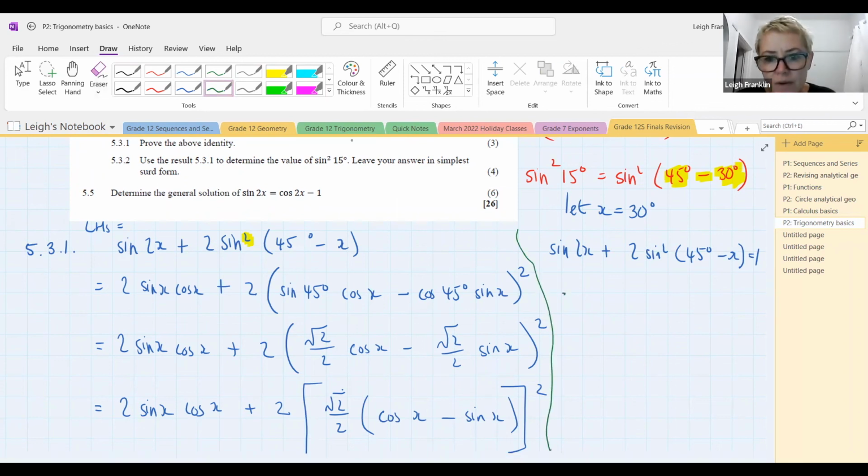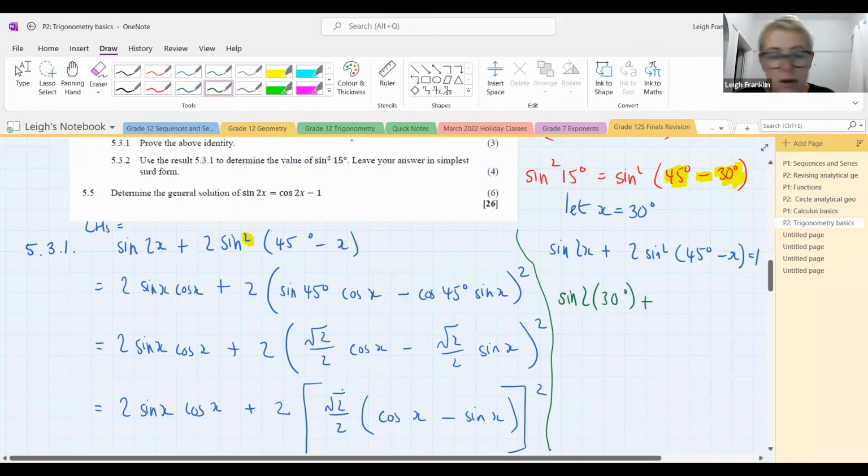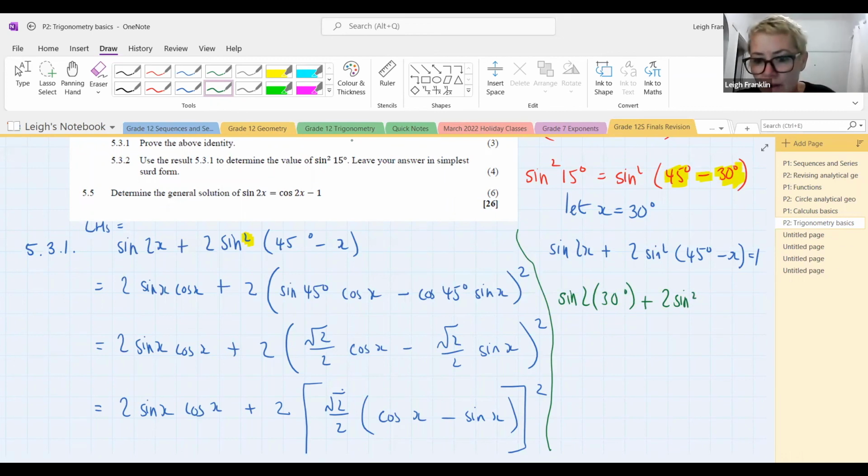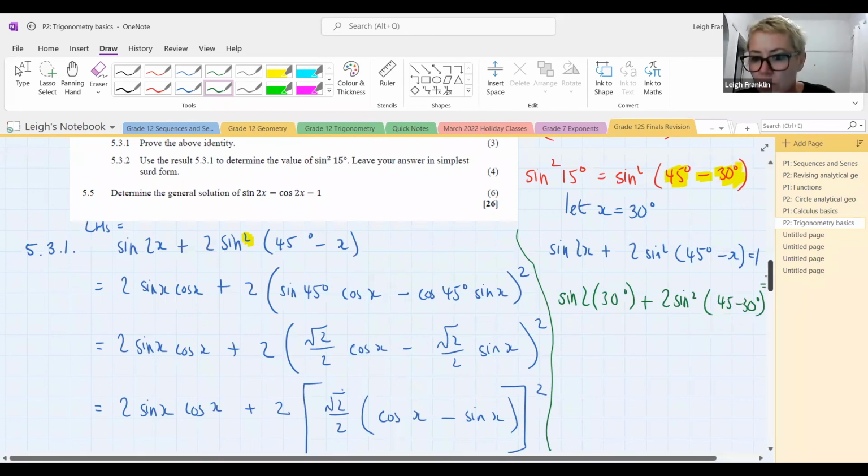This gives us sine 2 times 30 plus 2 sine squared 45 minus 30, which has to be equal to 1.